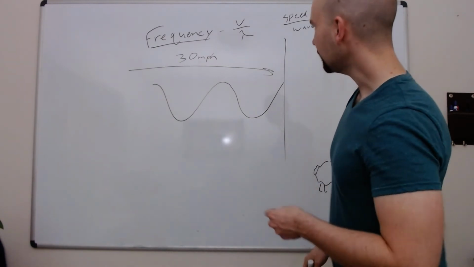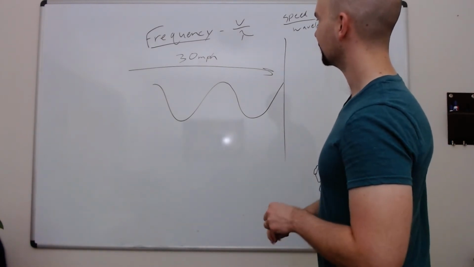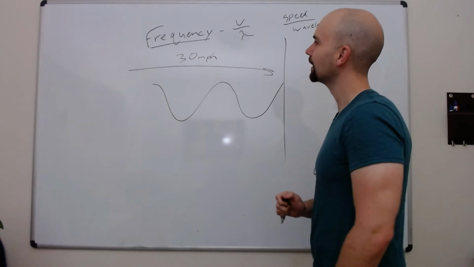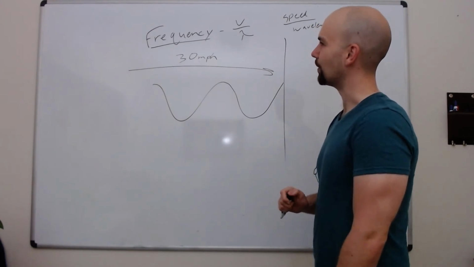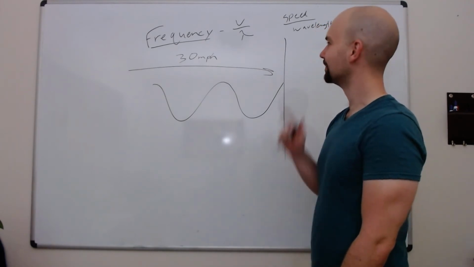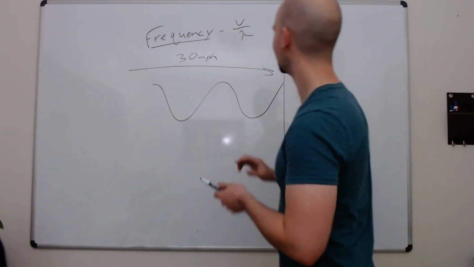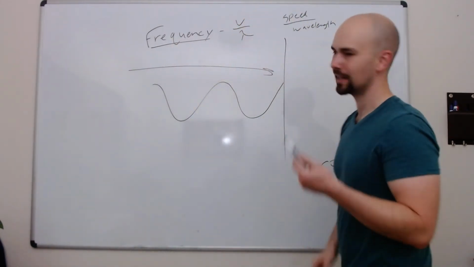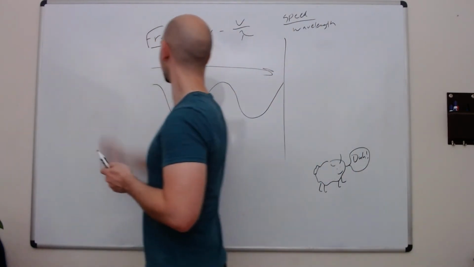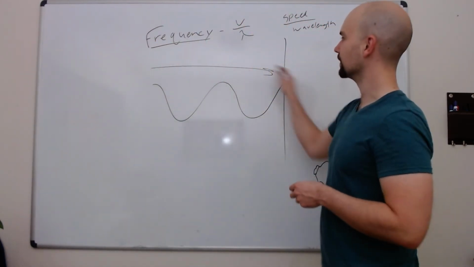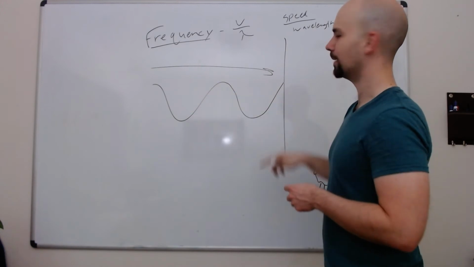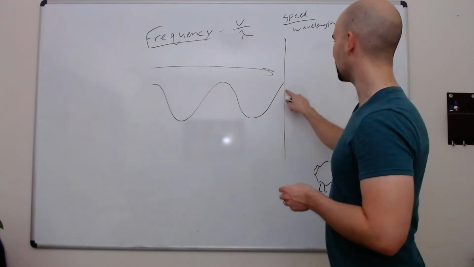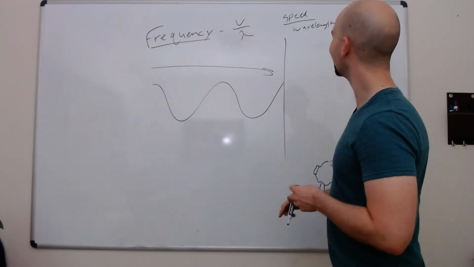So if this is going, you know what? Let's not make up 30 miles per hour. Let's just pretend, make our lives really easy, that this entire length of wave is going to propagate past this barrier.